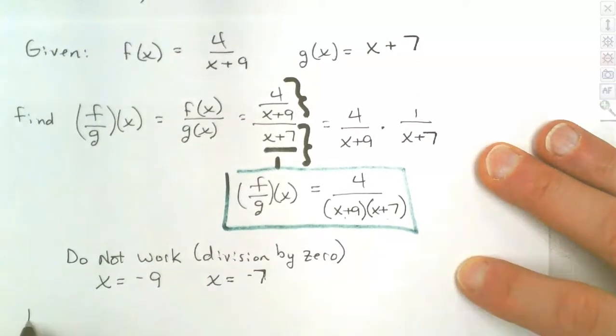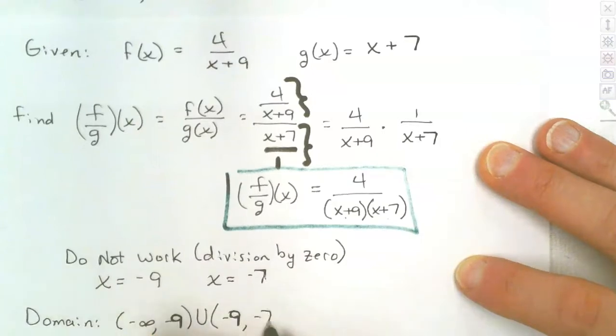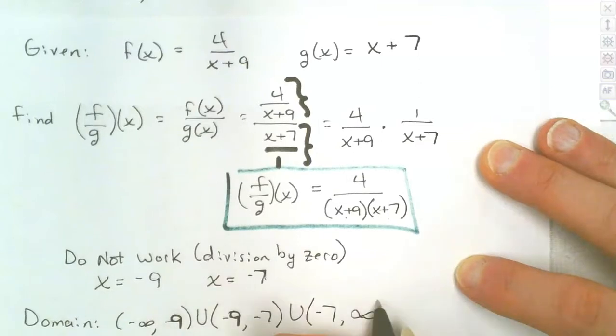So how do we write our domain? Well, our domain would be -infinity to -7 union -7. Or sorry, I should use the 9 first because that's our smallest value. So 9 goes first. So -infinity to -9 union -9 to -7 union -7 to infinity.